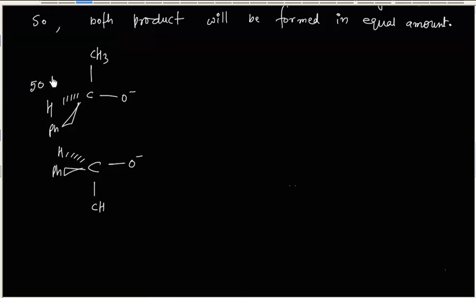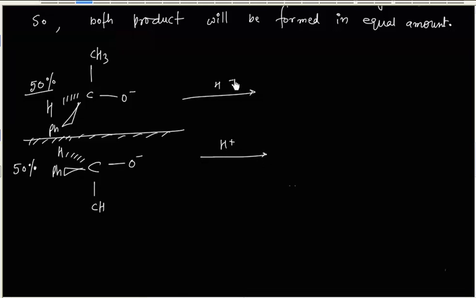This means this is 50% and this is also 50%. Now further if we do acidification, we will have the corresponding alcohols. O minus will gain a hydrogen and finally we will have an alcohol.